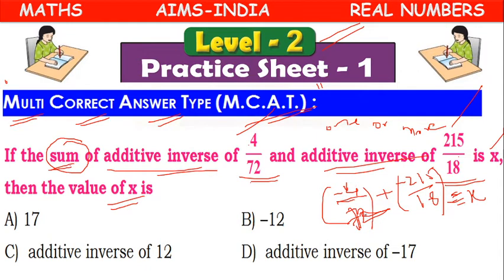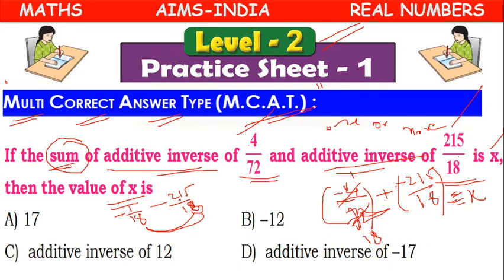So for 4 by 72 we can do cancellation. 4 ones are 4, 4 eighteens are 72. So we have minus 1 by 18 plus minus 215 by 18. Both denominators are the same, so we can add the numerators.